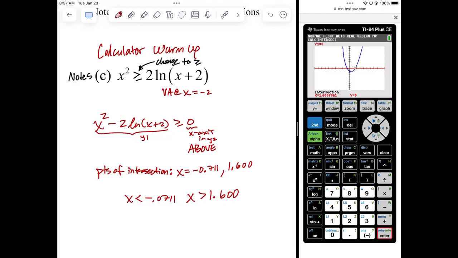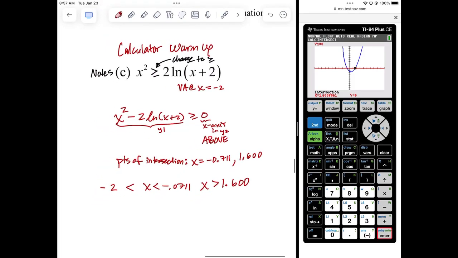But does the graph on the left continue to go to the left forever and ever and ever? There's a vertical asymptote at -2. So we better stay to the right of -2. So this could be your answer, or you can write it as x in parentheses, -2 to -0.711, union 1.600 to infinity.